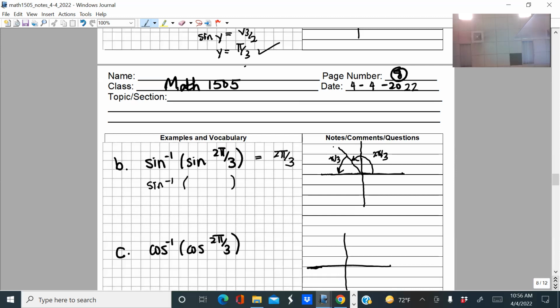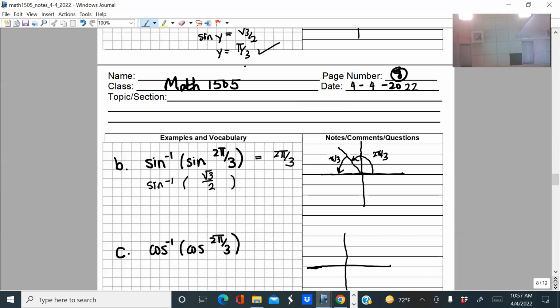But in the second quadrant, what's the sign of sine? It's positive. Okay, so we don't have to worry about putting a minus sign on there. So sine of 2 pi over 3 is the same as the sine of pi over 3, which is what? Square root of 3 over 2, right?